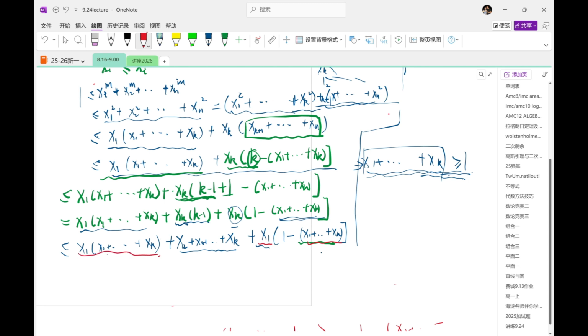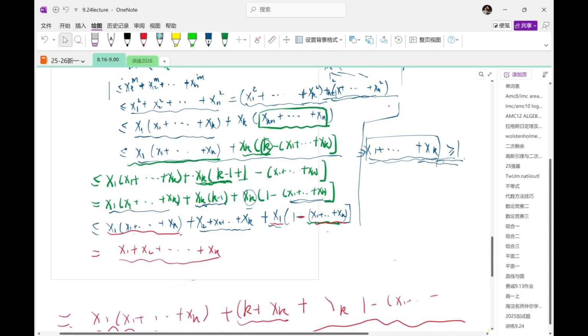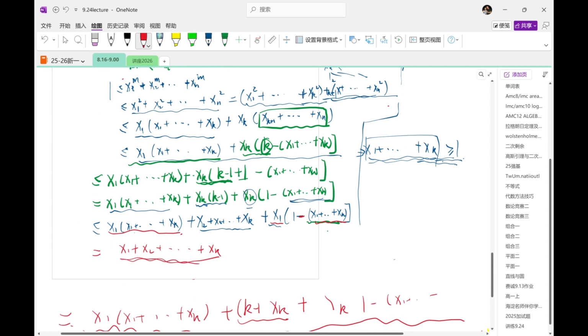This one is positive and this one is negative, so they cancel each other out. What is left is x_1 plus x_2 to x_k. Then we get the conclusion: finally, this is greater than or equal to 1. This is impossible.